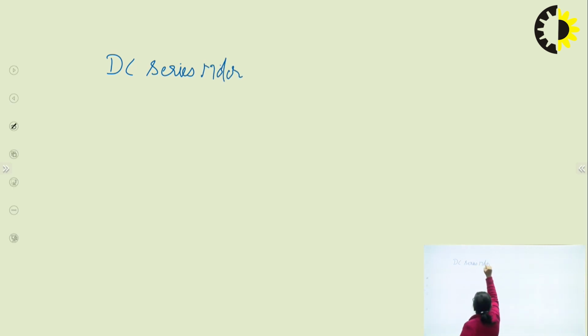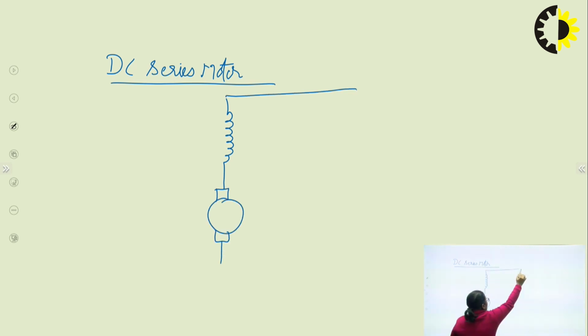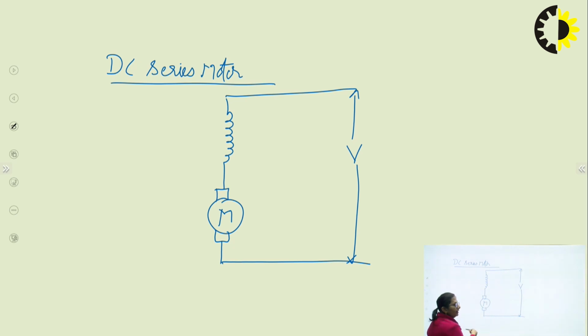Now coming to the DC series motor. Once again, how can we represent a DC series motor? In this case, the field winding would be connected in series with the armature. The supply would be given as V. This is a motor. Obviously, a mechanical load is connected to its shaft, but presently I'm not showing it. It is understood it's there.